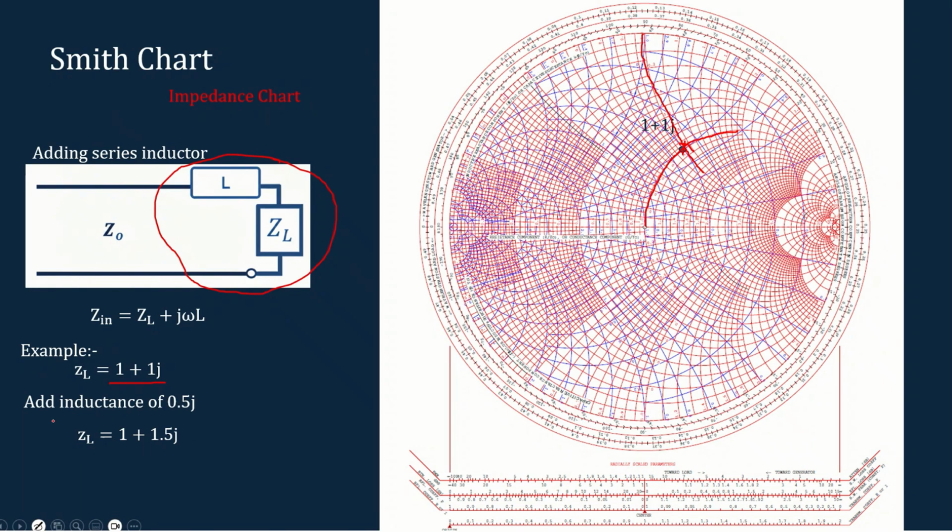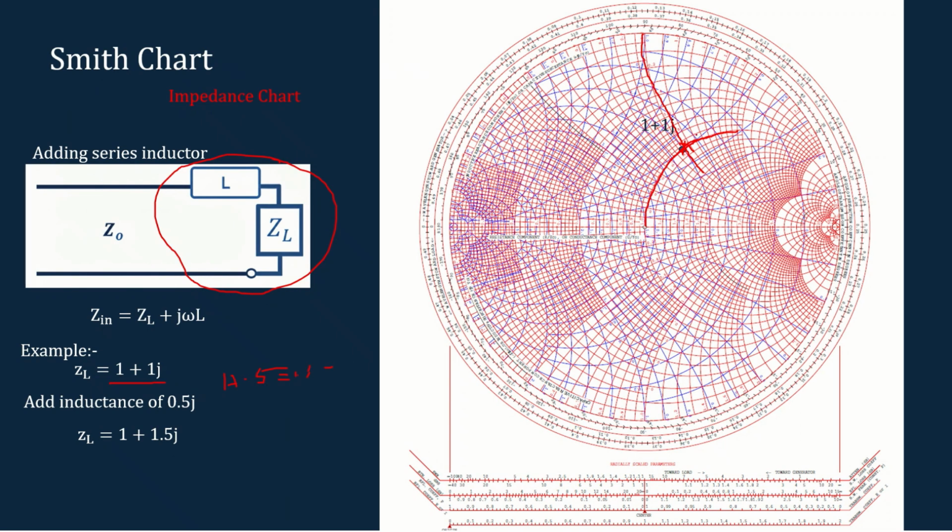And my task is to add an inductance of 0.5j to this value. This is my constant circle, right? If I have to add an inductance in series, you can move along this constant circle by 0.5. Here you can see that as my initial inductance is 1, when I move by 0.5, it will be 1 plus 0.5, so the total will be 1.5.